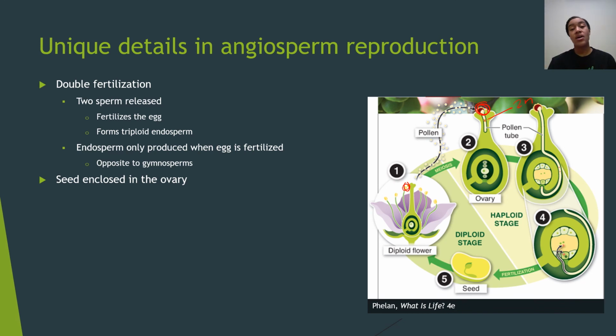So this is a diploid cell that will give rise to our haploid sperm. And as the tube is continuing to extend down the style and getting closer and closer to the ovule, it will undergo meiosis to result in two haploid sperm.